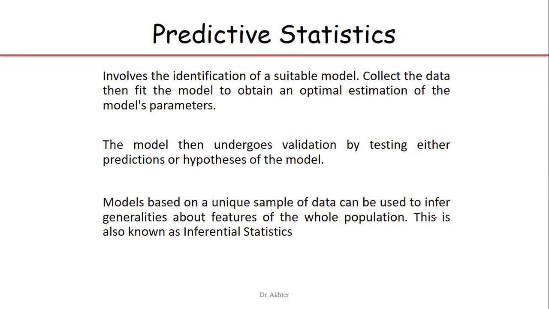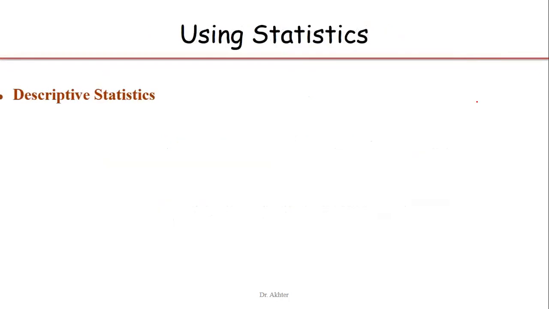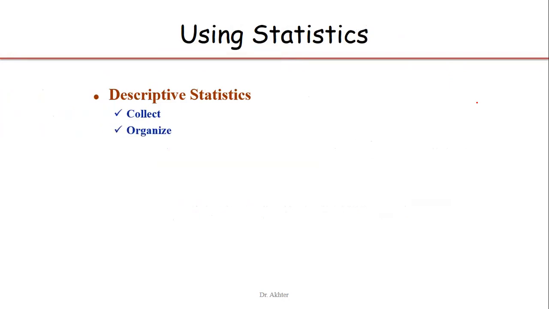So descriptive statistics is the first stage, and predictive is the next step, which we have to involve in solving any research problem by using the data. Now, descriptive: collection of data, the data organization, making tables, making frequency tables, making classifications, these types of organization, summarize the data, and then visualization, making chart and graph, finally analyzing the data.